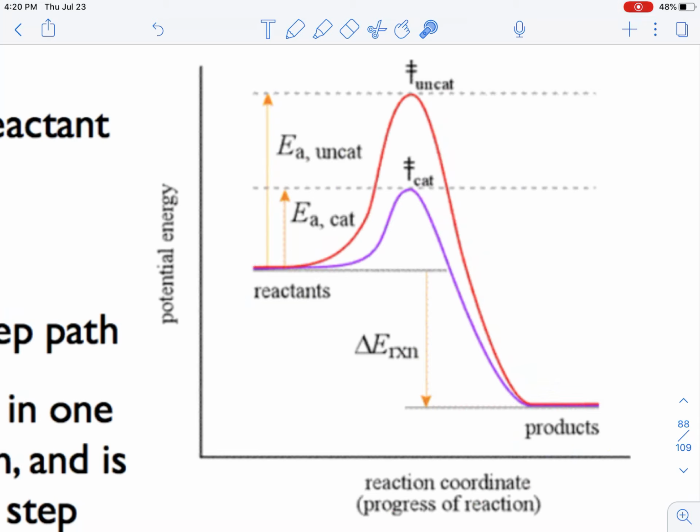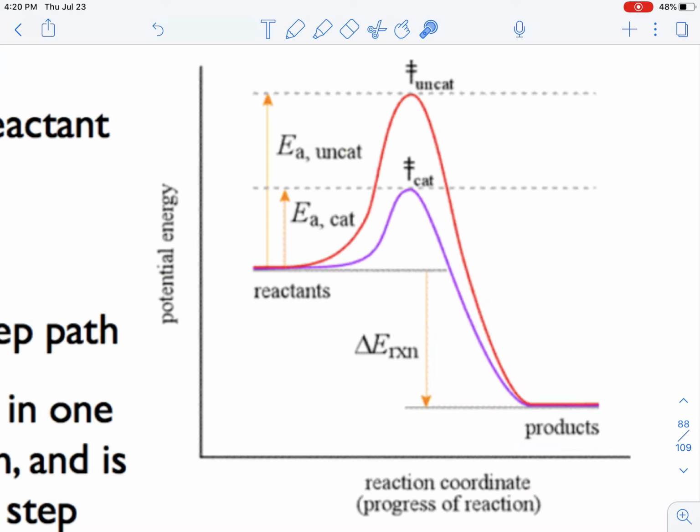In other words, for both catalyzed and uncatalyzed reactions, the divergence is going to be on the same energy level. And the convergence of catalyzed and uncatalyzed reaction will also be on the same energy level when reactants get converted into products. And so what's the significance of that?